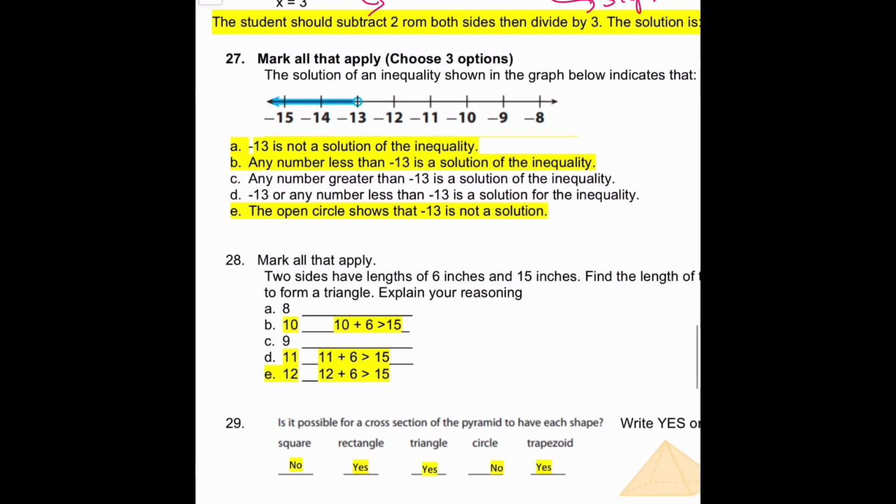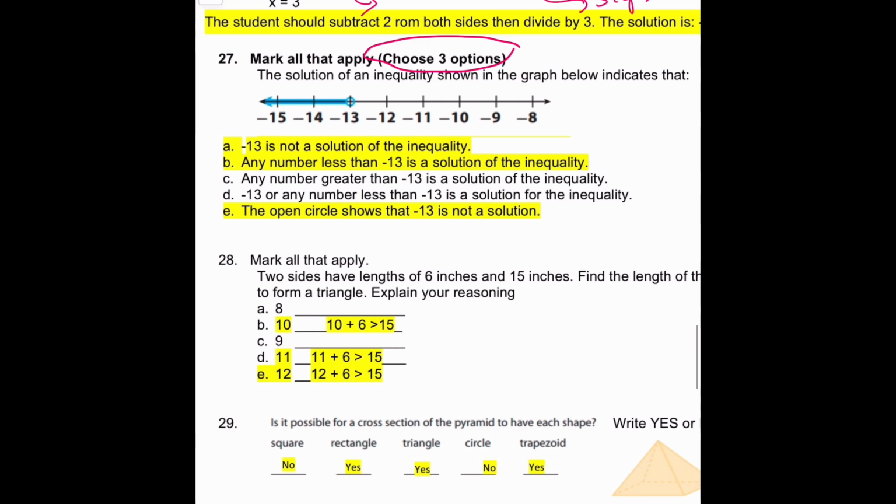Now, in this question you have to be very careful while answering because you need to apply everything that becomes true. So choose 3 options. In the exam also it will be mentioned how many options you can choose. The solution of an inequality shown in the graph below indicates what? See, this is an open circle, we should know that, and it is going beyond negative 13.